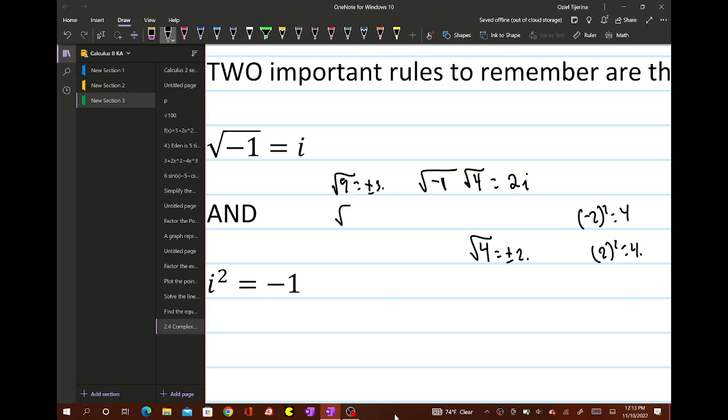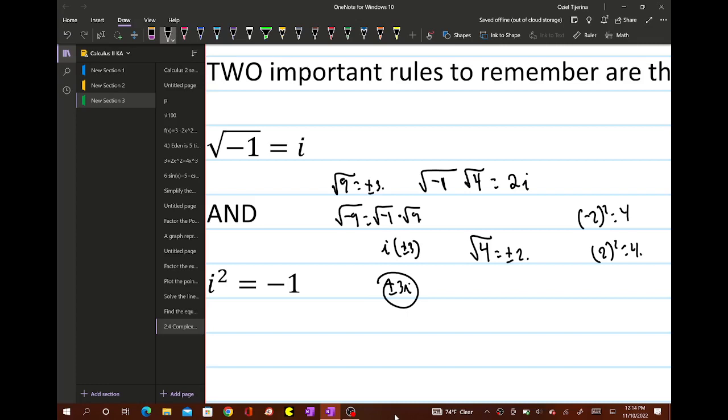So if I say the square root of -9, this is equal to the square root of -1 times the square root of 9, which is i times plus or minus 3, which is plus or minus 3i. That only goes if they're asking for the positive and negative ones.